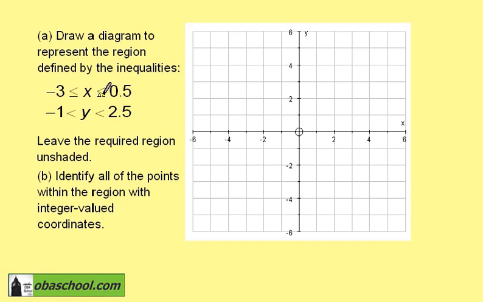To deal with the x inequalities, we need to draw the lines x equals -3 and x equals 0.5, and because of the less than or equal to's, these lines need to be solid.